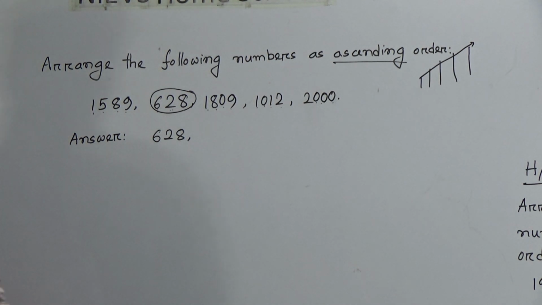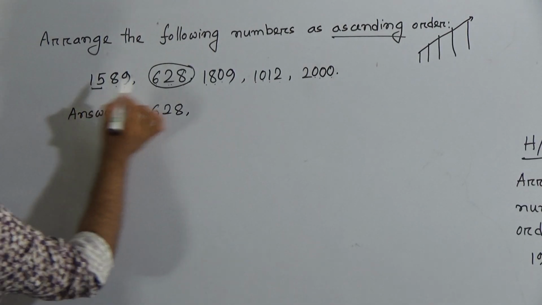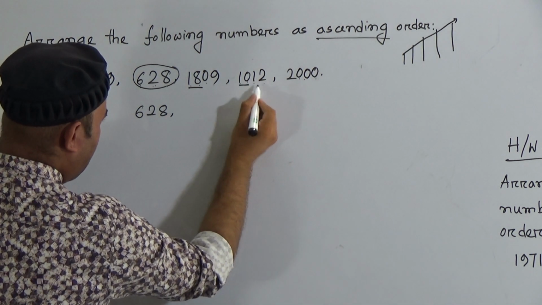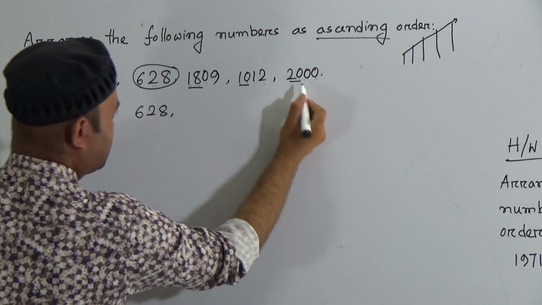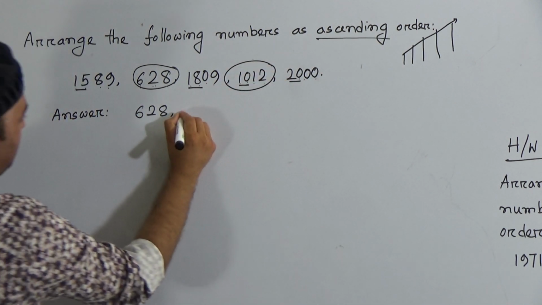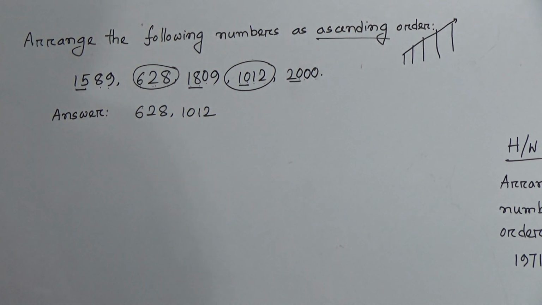Now which is the next one? Here is 1500, here is 1800, here is 1000 and here is 2000. So the next one will be 1012. 1012 is the next smaller number. Now which one?